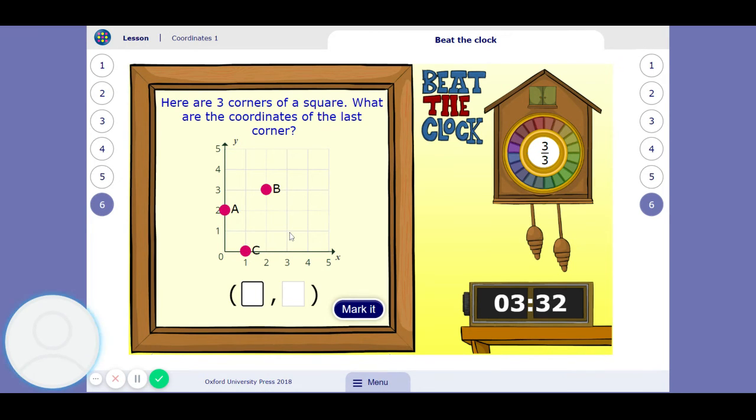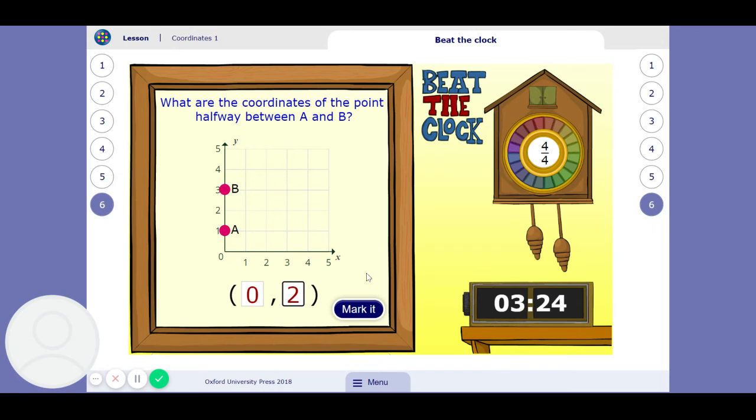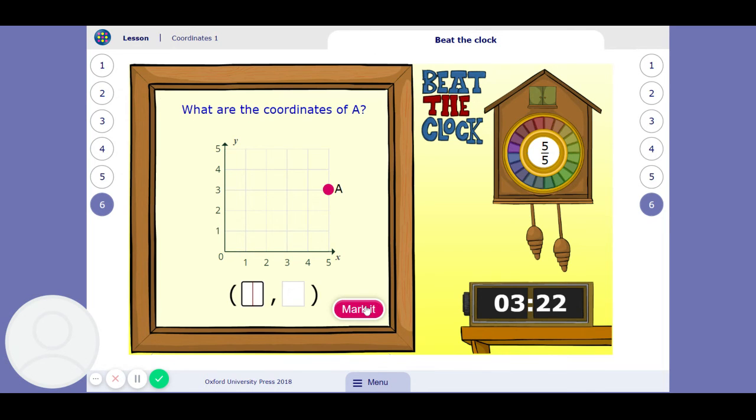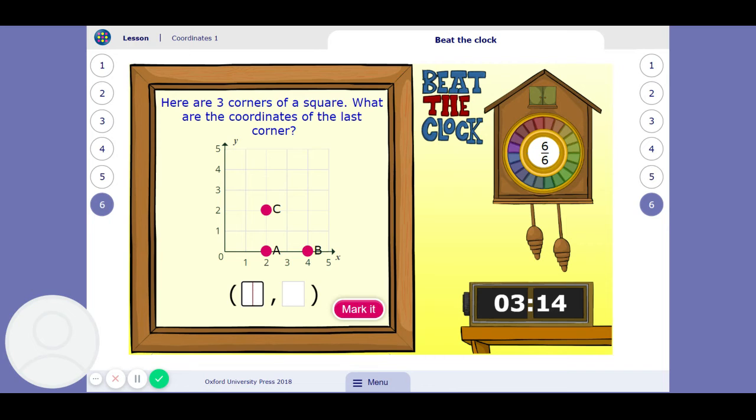I think it's here, so 3, 1. Halfway between, so it's going to be 0 across and 2 up. Coordinates of A are going to be 5, 3, 5 across and 3 up. Last coordinate of the square is going to be 4, 2, 4 across and 2 up.